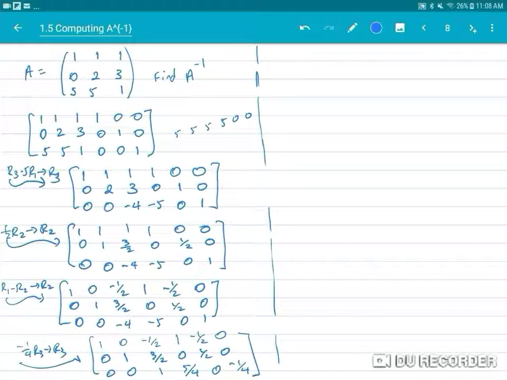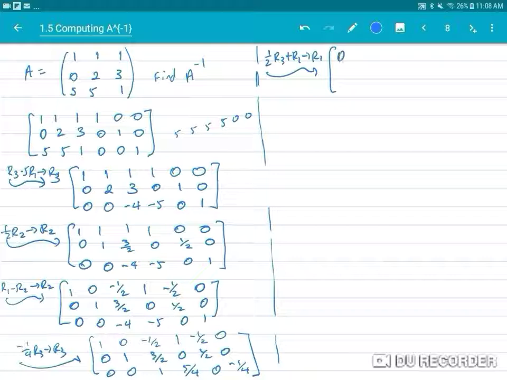What I'm going to do next is make these two zeros. For that I will add 1/2 of row 3 to row 1, and it sits in row 1.